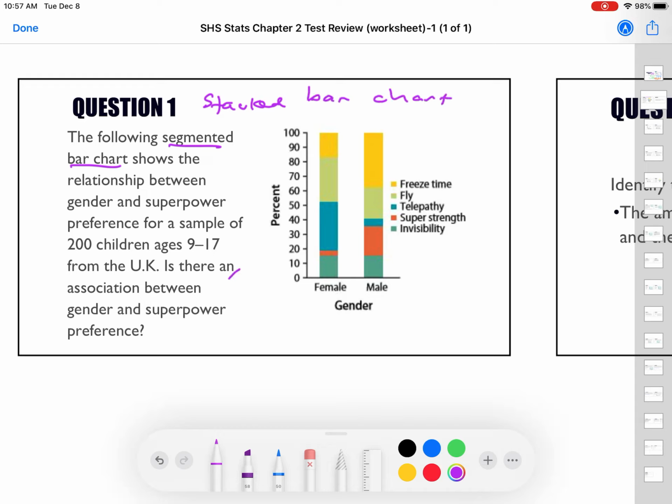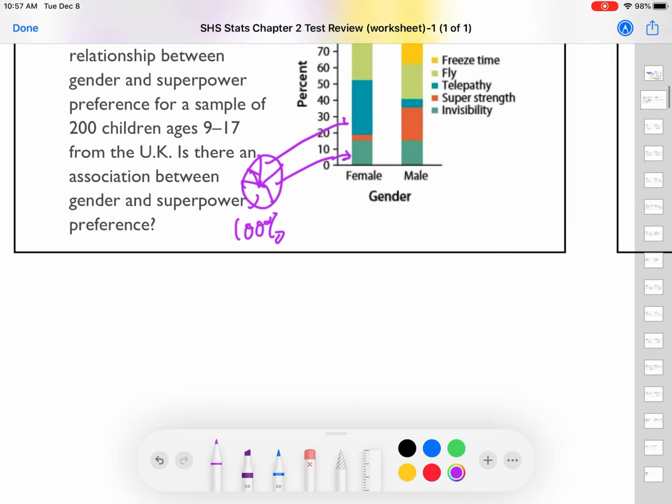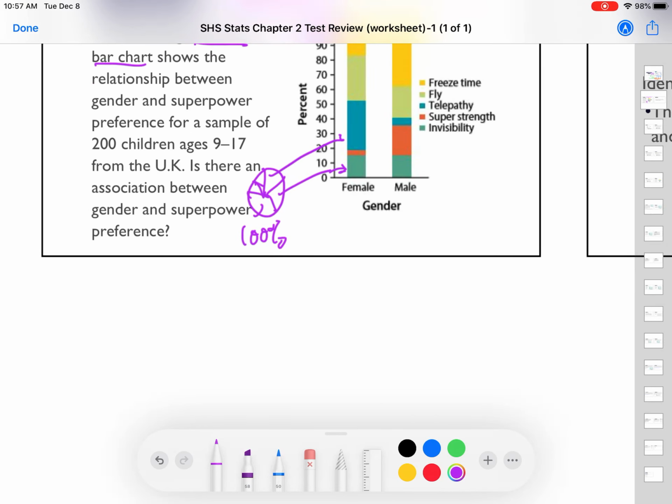And basically, if you think about it, you're taking a bar chart, that's a pie graph or circle graph, which is 100%, and then you're putting each of those pieces there, right? So that's why it has 100%.